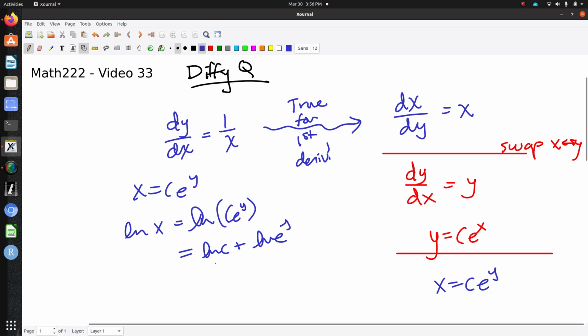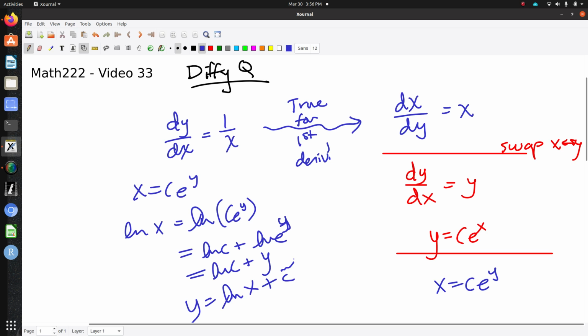And then that is equal to natural log of c plus y. Okay, so right, you still end up with y equals natural log of x plus a different c.